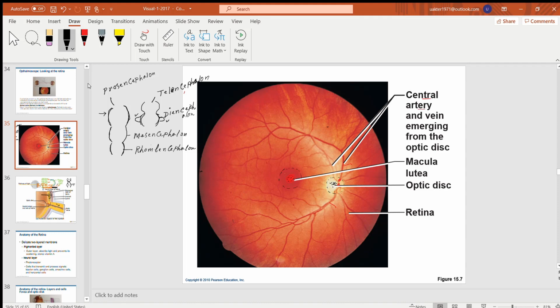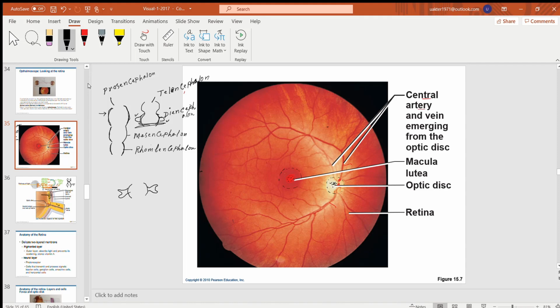Let's see this part only. So this is the diencephalon. These two vesicles are formed, and then the vesicles form cup or funnel-like structures at the free end.